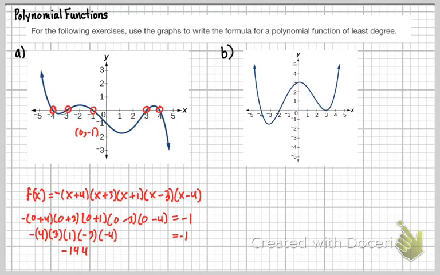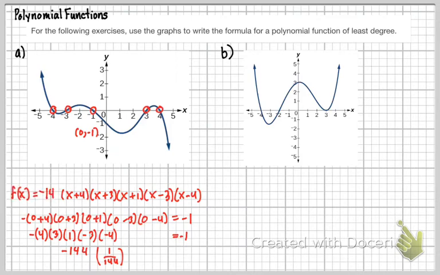So if this is supposed to equal -1 on the right side here, I'm going to have to multiply this by a 1 over 144. So this means when I look at the original, I would have had to squeeze in here a 144.